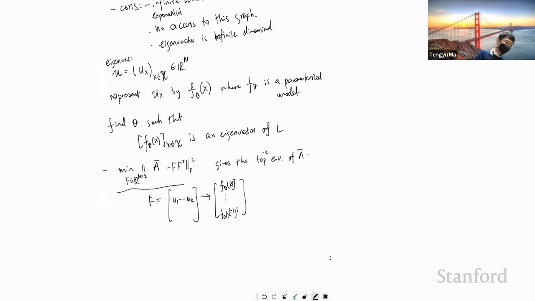And then if you write the Frobenius norm as a sum over i, j in n of A bar ij minus FF transpose ij, the ij entry is the ith row in a product with the jth row. So that's why this equals f theta xi times f theta xj, squared.